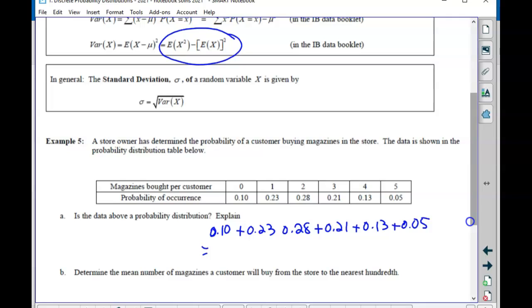It does work, right? Just add that one. Okay, so sum of the probabilities. So really what you're doing there is 1.